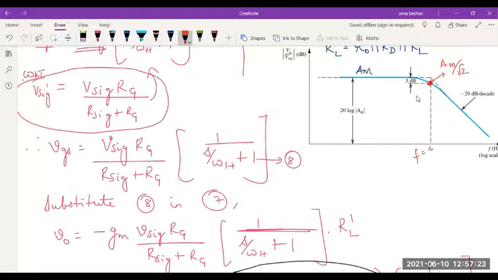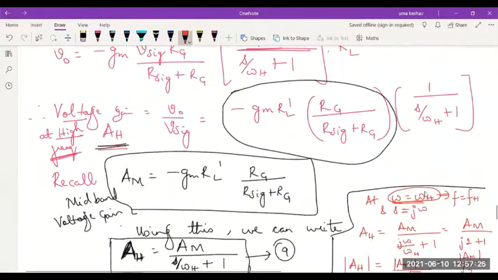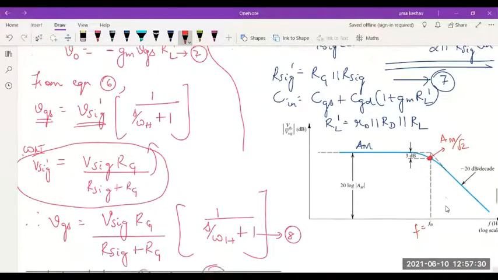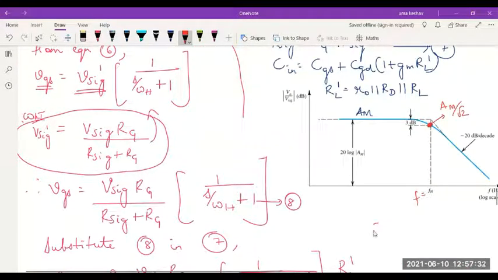And if you want to find this in decibels, how much is the magnitude in decibels? 20 log of AM by root 2. This is how you find it in decibels.